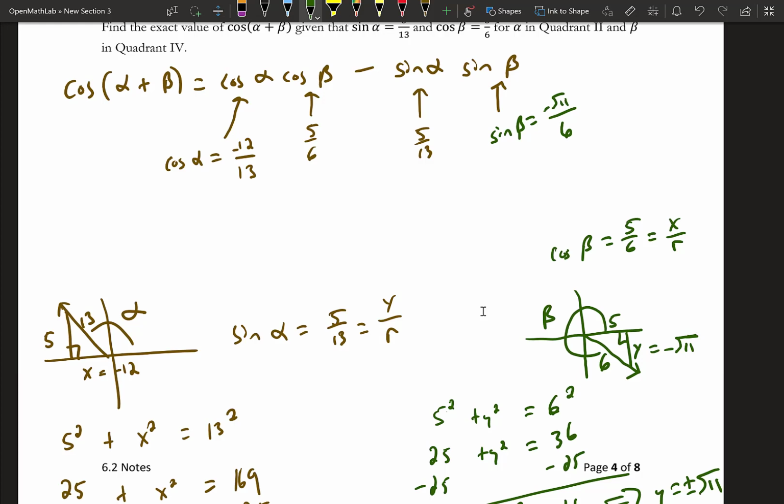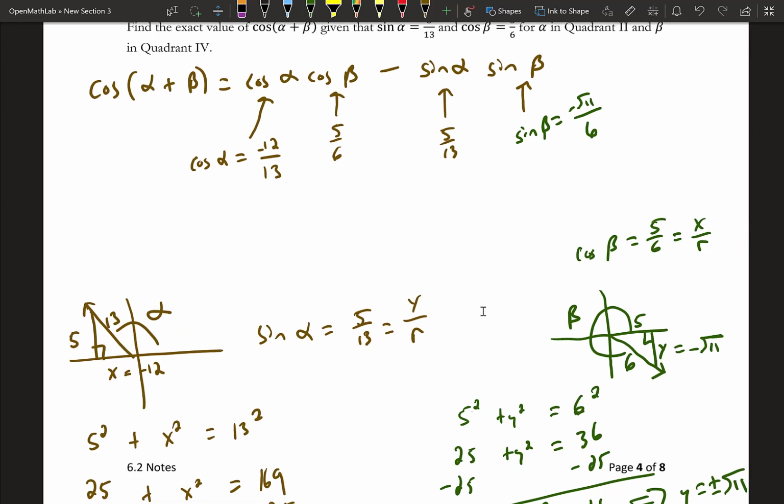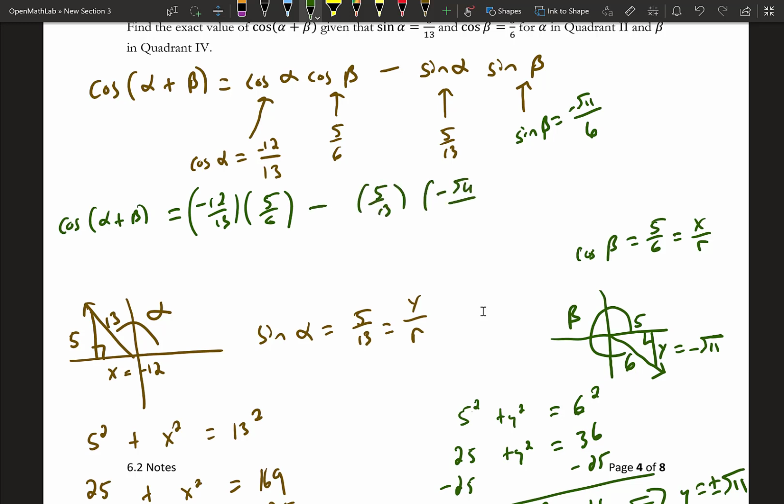Right, so if we fill these values in, cosine of alpha plus beta is equal to negative 12/13 times 5/6 minus 5/13 times negative radical 11 over 6. If we just multiply straight across, we get negative 60 over 78 plus 5 radical 11 over 78.